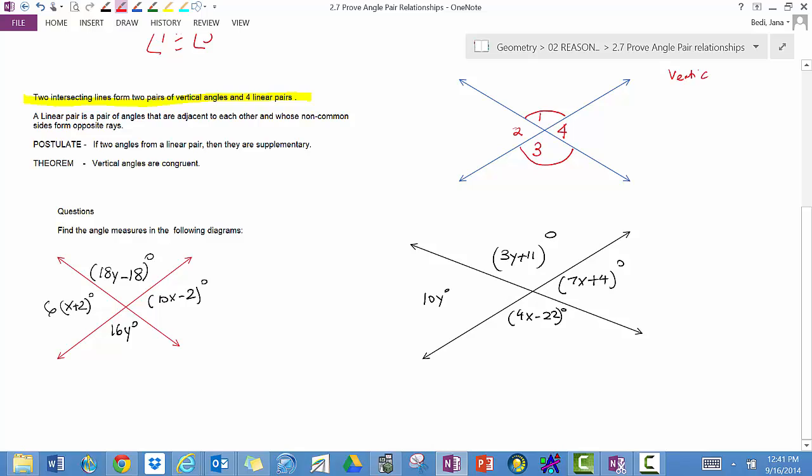Vertical angles, angle 1 and angle 3, and they're congruent, and angle 2 and angle 4 are also vertical angles, and they are congruent.